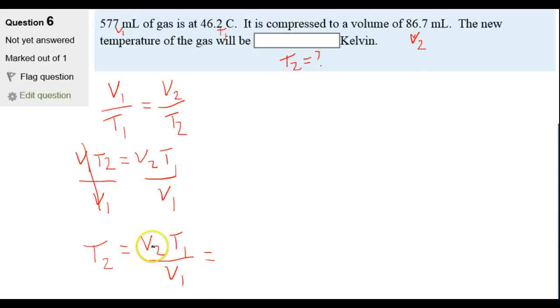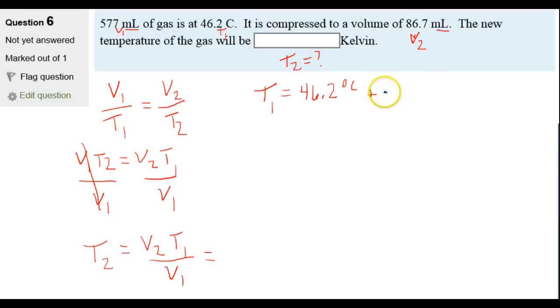Before we can start plugging numbers in, we have to make sure that these volume units are the same and that the temperature units are in Kelvin. So let's take a look here. We have milliliters here for volume, and we have milliliters here for volume, so we're good. But take a look. T1 is 46.2 degrees Celsius. So I need to convert this to Kelvin.